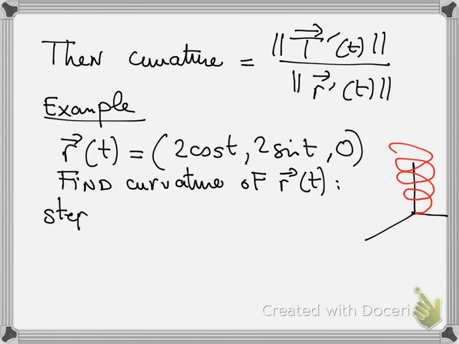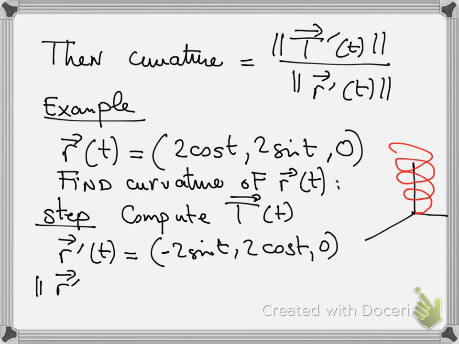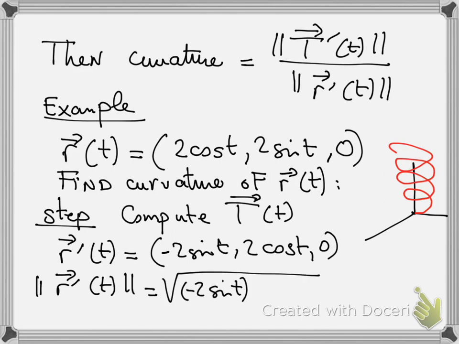So step one. First we need to compute capital T. In order to compute capital T, first we need r prime of t. What's r prime of t here? The derivative of cosine is minus sine, so that's minus 2 sine of t, 2 cosine of t, and 0. Now what's the length of r prime of t? That would be equal to the square root of negative 2 sine of t squared plus 2 cosine of t squared plus 0 squared.